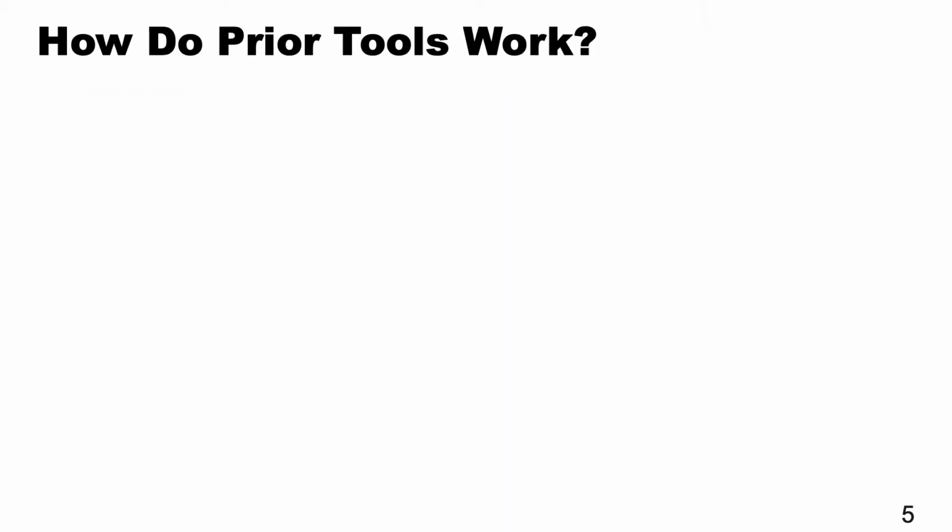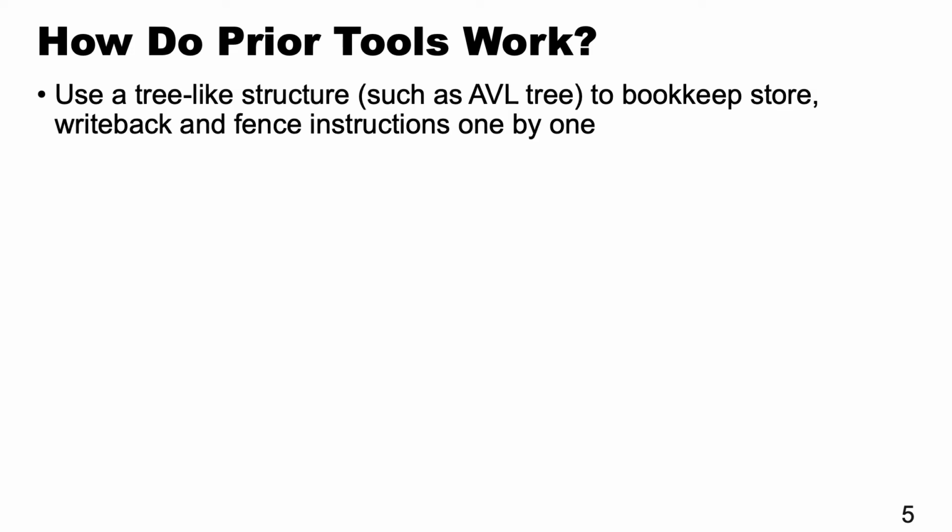Next, let's take a look at how prior tools solve this problem. First, they manually or automatically instrument PM programs. Then, they use a tree-like structure, such as an AVL tree, to keep bookkeeping of store, write back, and fence instructions one by one. I use an example to simply show this process.